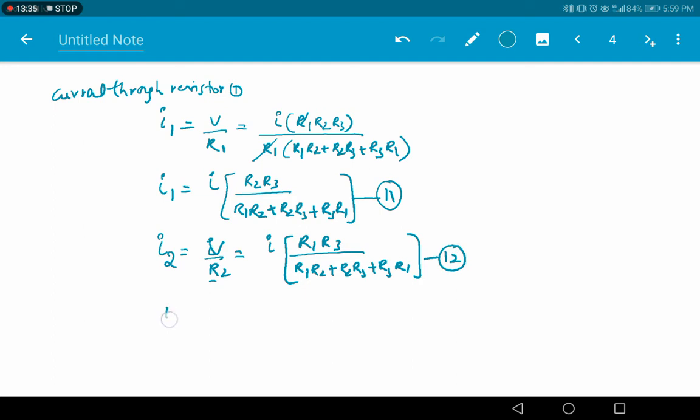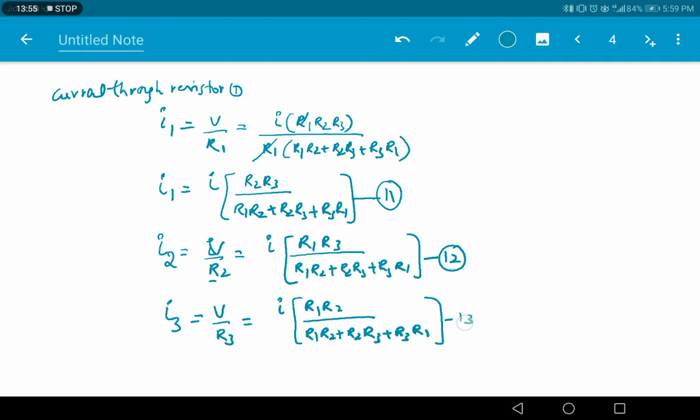Now we can write I3. I3 is equal to V by R3. So in the numerator we can remove this term R3. The remaining quantities will be R1 R2 by R1 R2 plus R2 R3 plus R3 R1. So this is the current passing through the third resistor, resistor 3.